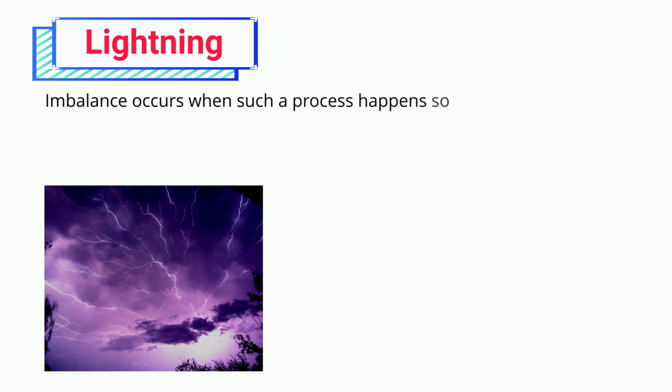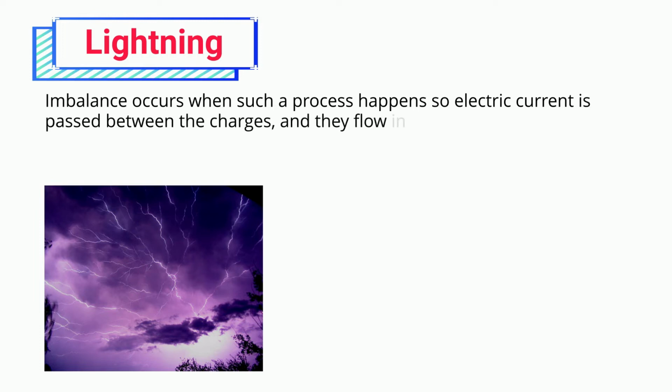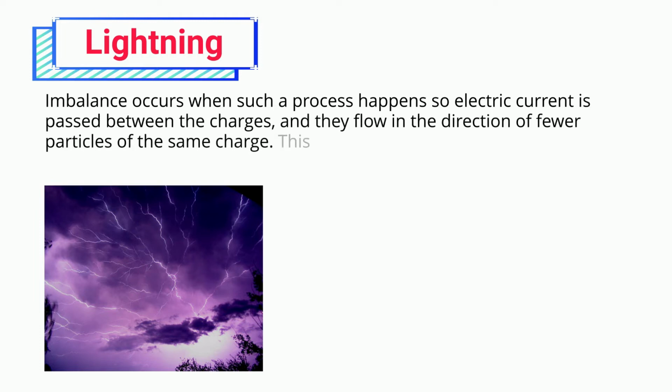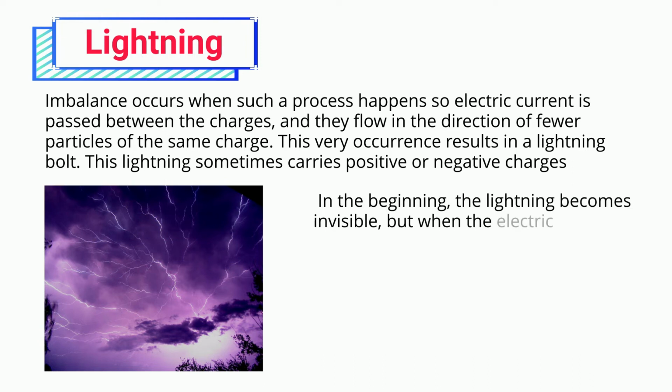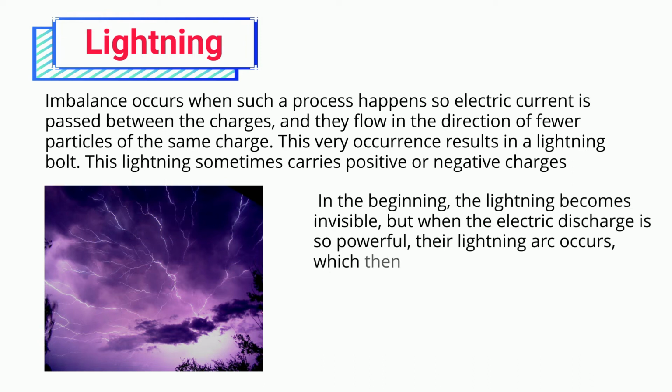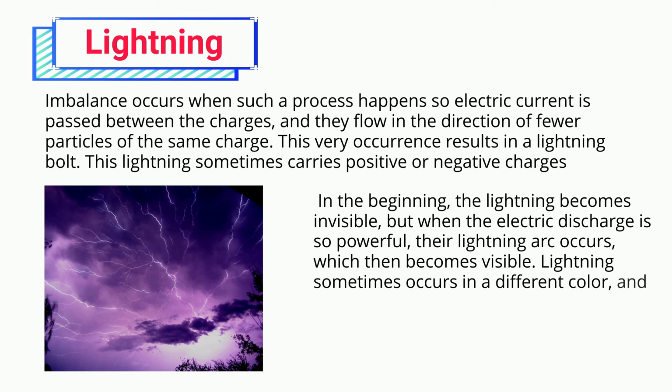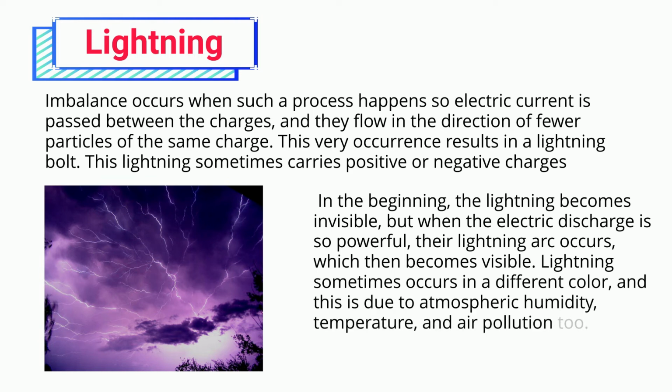Imbalance occurs when such a process happens, so electric current is passed between the charges, and they flow in the direction of fewer particles of the same charge. This very occurrence results in a lightning bolt. This lightning sometimes carries positive or negative charges. In the beginning, the lightning is invisible, but when the electric discharge is so powerful, a lightning arc occurs, which then becomes visible.